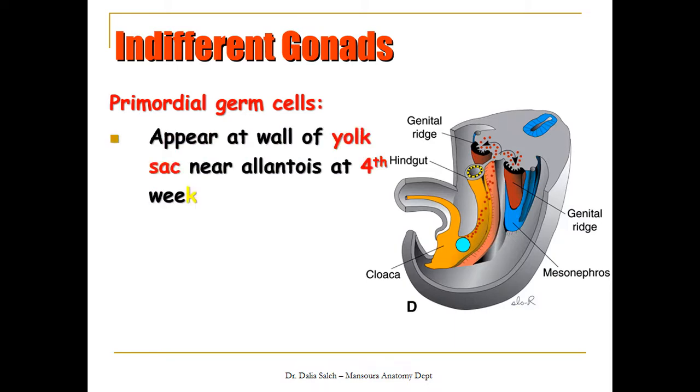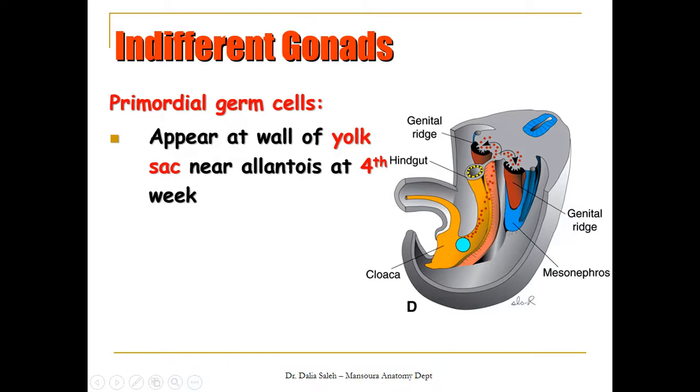They appear at the wall of the yolk sac near the allantois around the 4th week of development. So if you look at this diagram, again, this is the hindgut, this is the cloaca, and this is the allantois. These red dots represent the primordial germ cells.